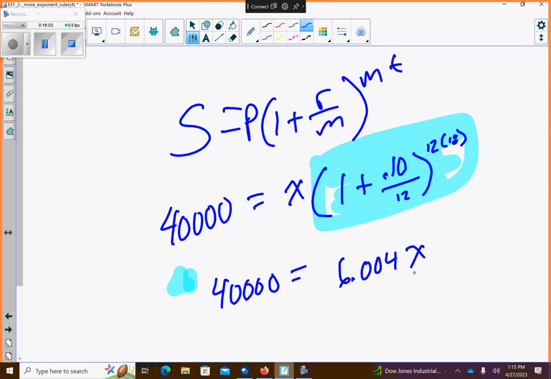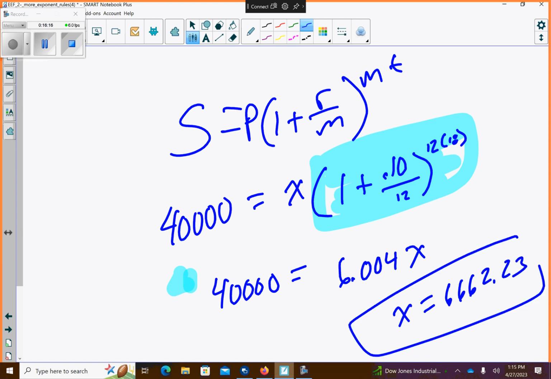So 40,000 divided by that. So it looks like you need to put in $6,662.23. I got from Desmos 6,661.46. Okay, and that one's probably a more exact answer. The reason what happened here is I had to round this.